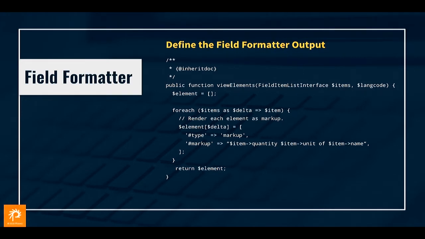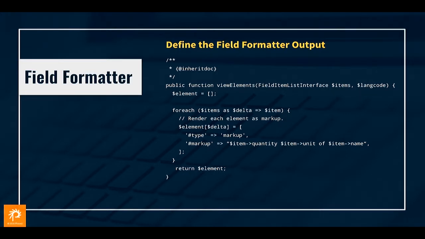So the field formatter is going to work on the entire field. It's going to treat it as a single molecule, and each element's delta is going to be the next field value. So if you're dealing with field cardinality, if you're allowing fields to have more than one value on your content type, that's going to be your delta in the code sample here.